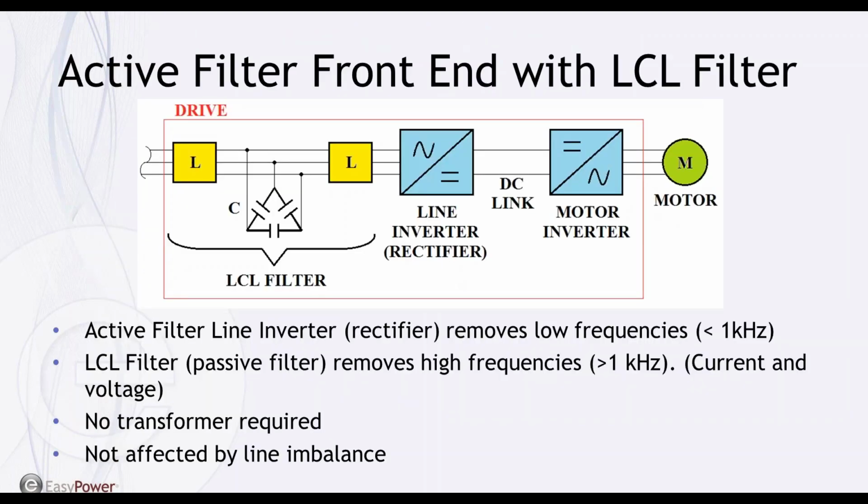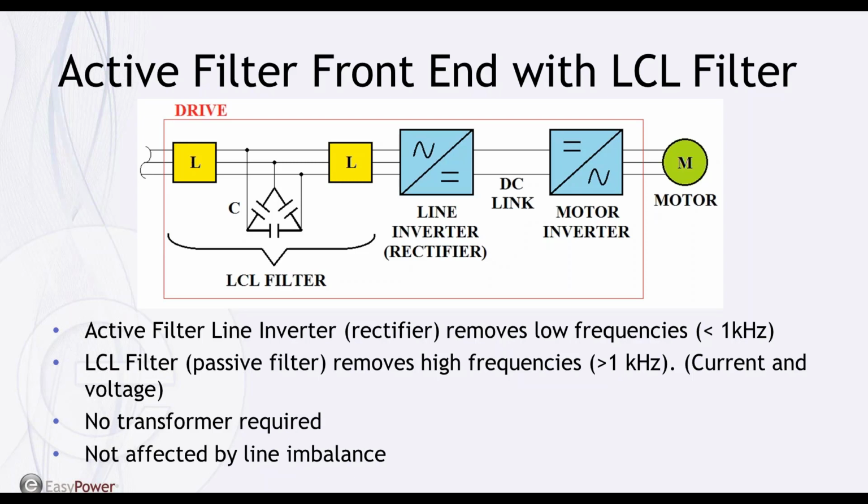Here we have an active filter front end with an LCL filter. The active filter line inverter removes low frequencies less than 1 kilohertz. The LCL filter, which you can see on the diagram, is a passive filter that removes high frequencies greater than 1 kilohertz, in the current and voltage.